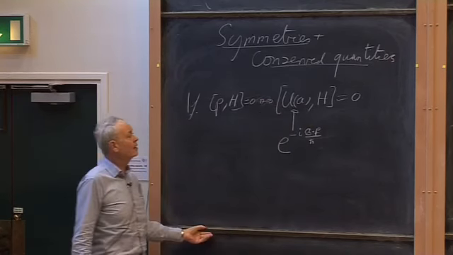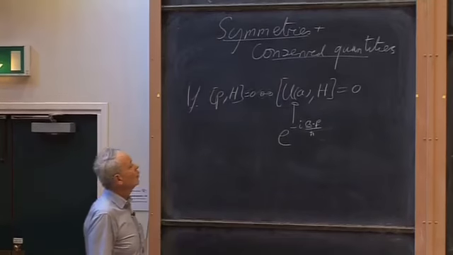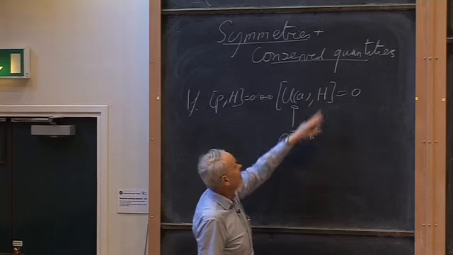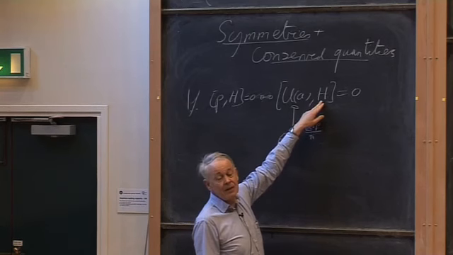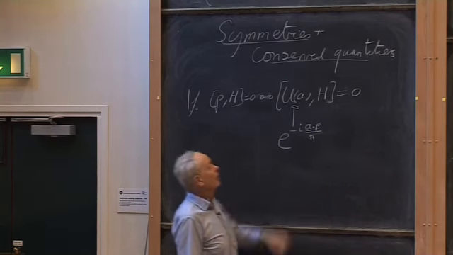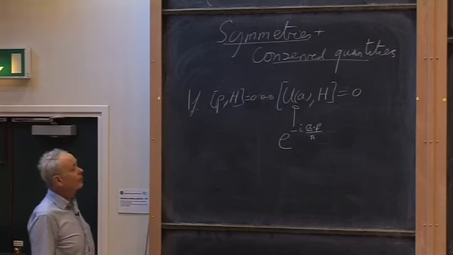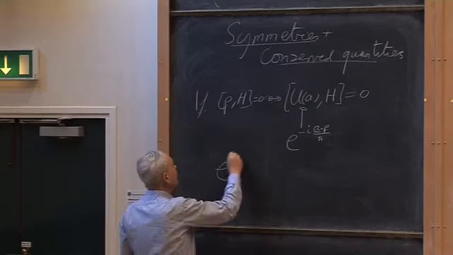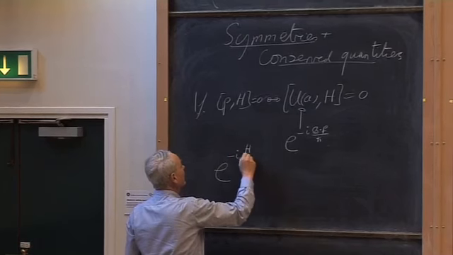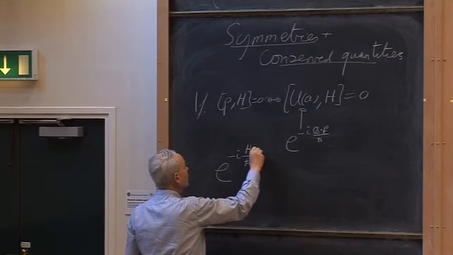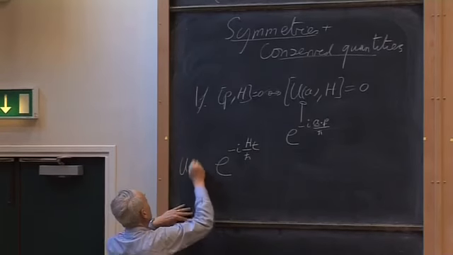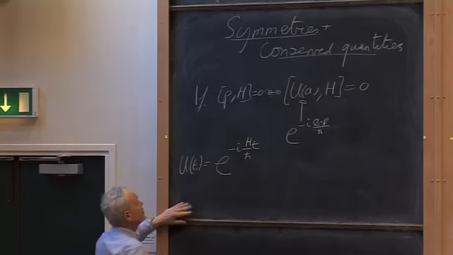Now what does that tell us? To see what it tells us, we have to think about the unitary operator associated with H, because H is an observable, and it's associated with a unitary operator, e to the minus i H upon h bar t, which we're going to call U of t. What's this operator?